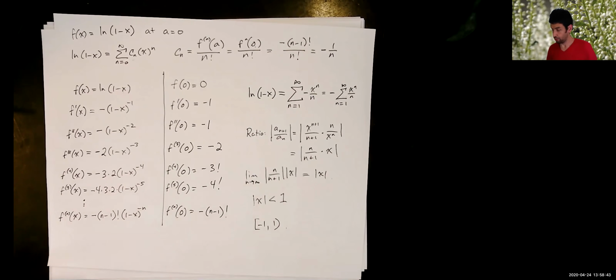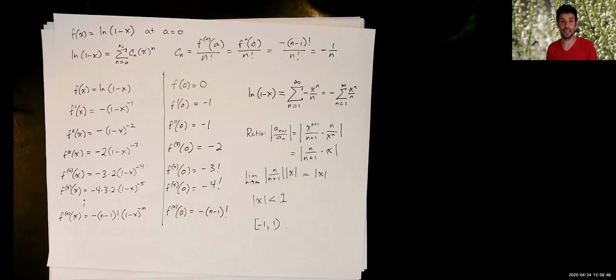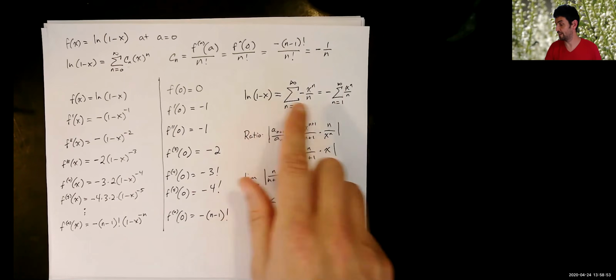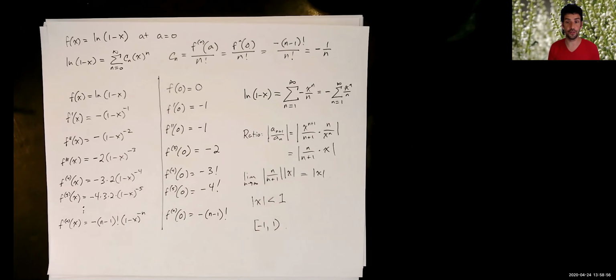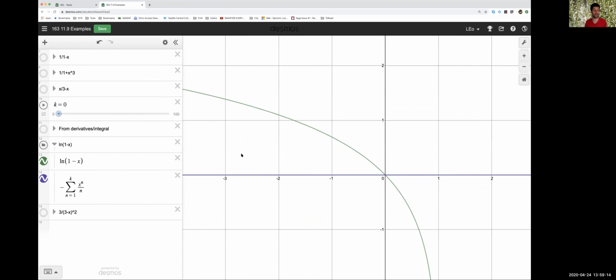Okay. So let's do one last thing. This is the interval of convergence for this series. So natural log of 1 minus x is equal to this series on this interval. Let's take a quick look at the graph of this. There you are. Okay. This is from a previous video. We actually already looked at this one, but we computed it by taking the antiderivative of the geometric series.